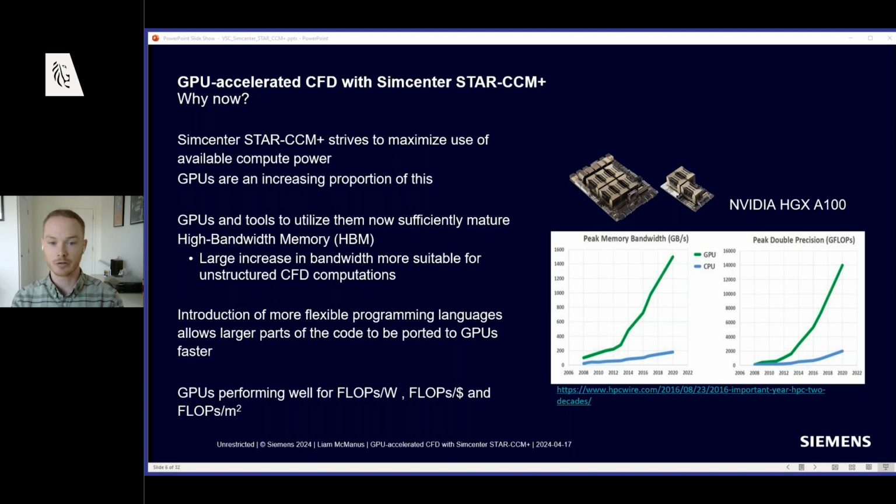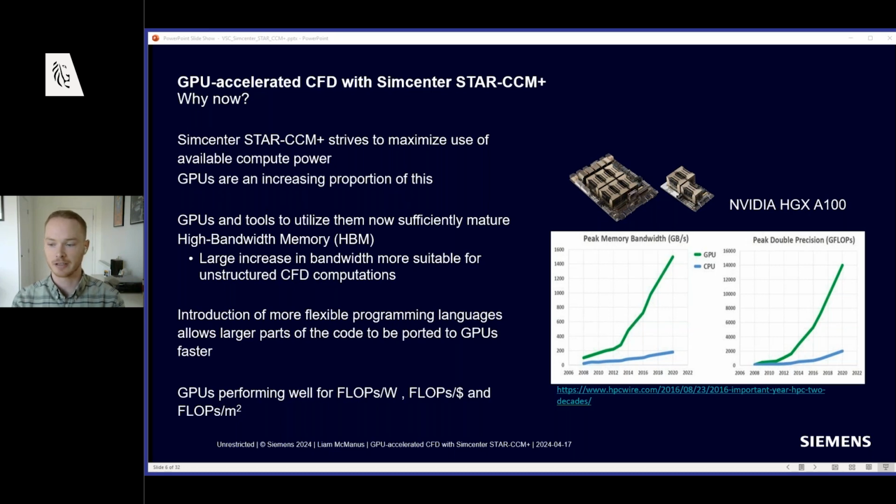For the GPUs themselves, there's been really nice performance improvements over the last 5 to 10 years. So the introduction of high bandwidth memory really makes things a lot more suited for unstructured CFD computations. And you can see from the plots here that the GPUs are potentially pulling away from CPUs with respect to that performance benefit.